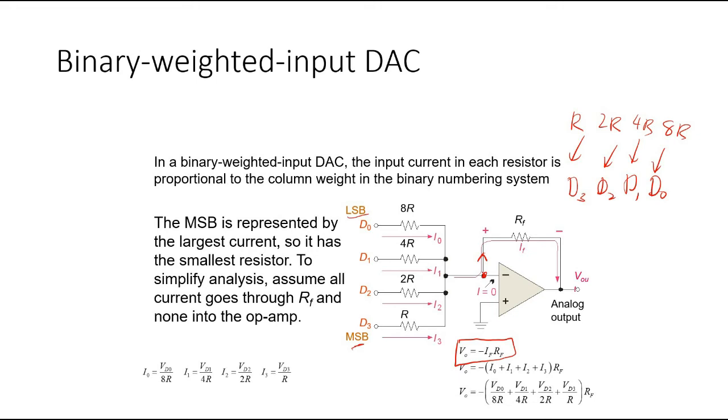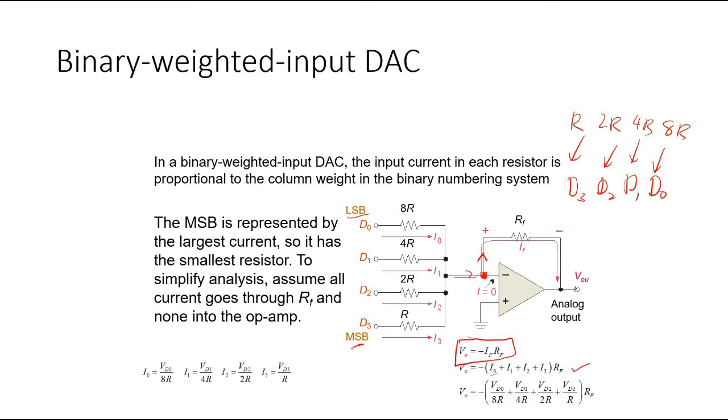If we do some nodal analysis here, KCL, total current in equals total current out. So we get I0 plus I1 plus I2 plus I3 equal to IF. So we can include that in this equation.